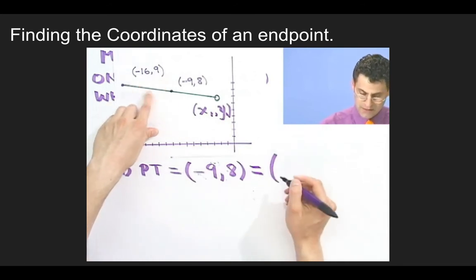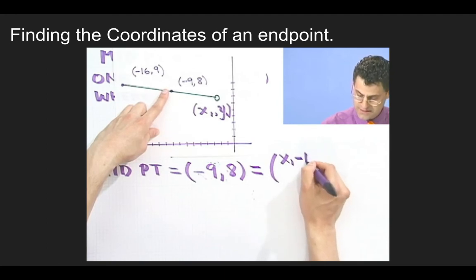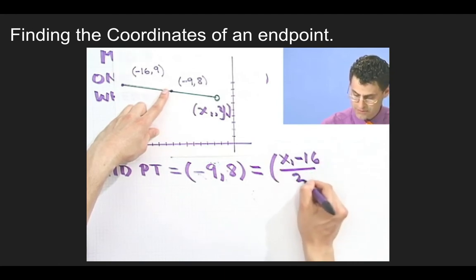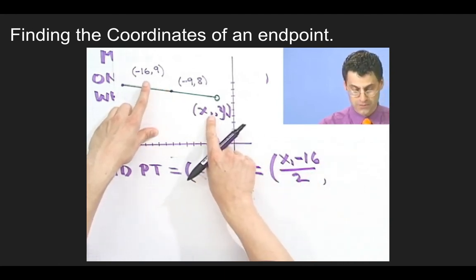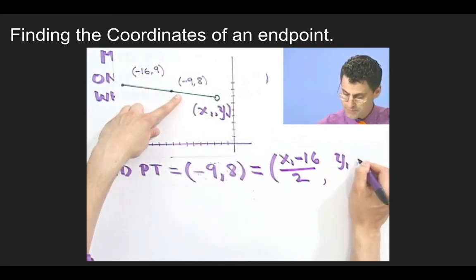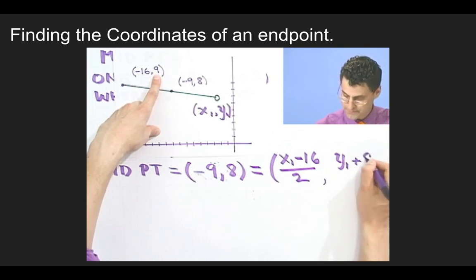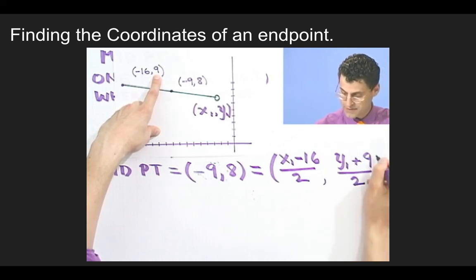The average of the x values would be x1 minus 16, divided by 2. I just added up the two x values, x1 and minus 16, divided by 2. And the y values, y1 plus 9, divided by 2.